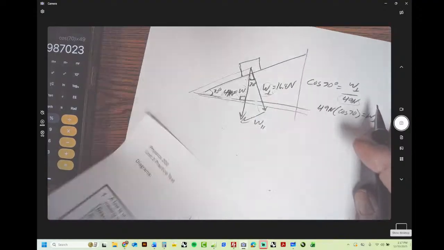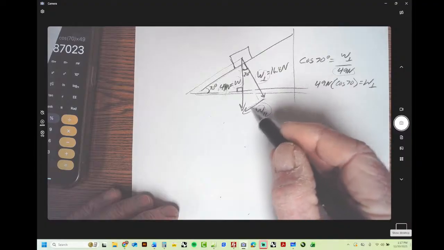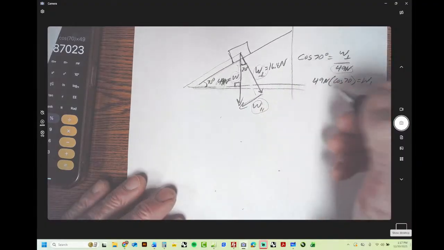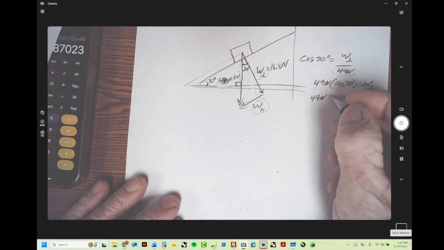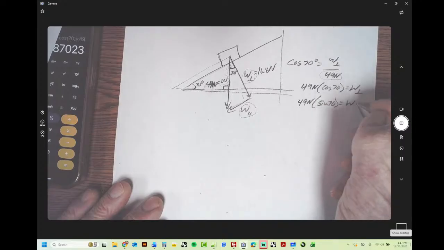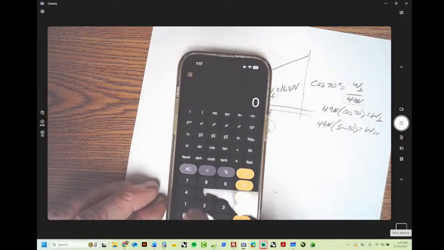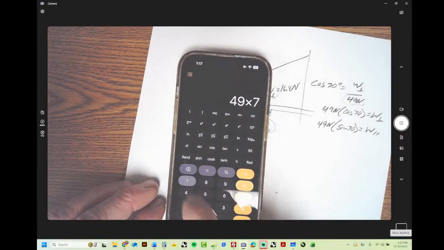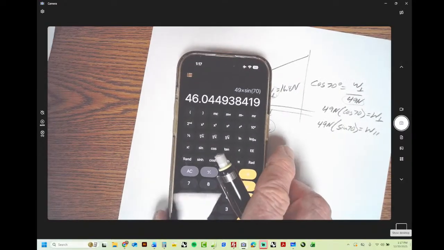Parallel weight component, same kind of thing, except this is the opposite, and so I would use sine to find it. So it's just going to be 49 newtons times sine of 70. And 49 times sine 70 is 46.